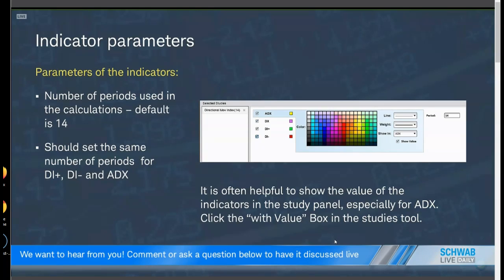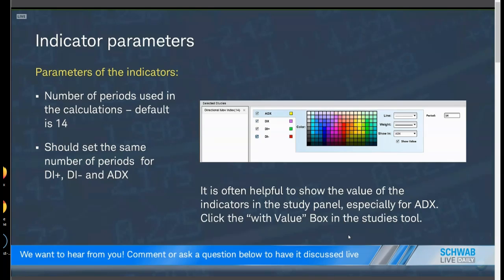A lot of people use 20 for the ADX and all the other indicators because there's 20 days in a month. 14 is 1 day shy of 3 weeks. Actually, Mr. Wilder did not choose it because it is just less than 3 weeks. Mr. Wilder, believe it or not, was a great believer in lunar months, and 14 is half a lunar month of 28 days. That's where he got the default from.